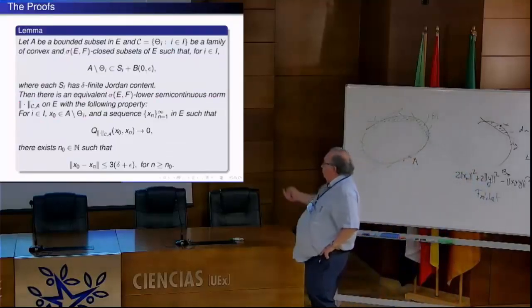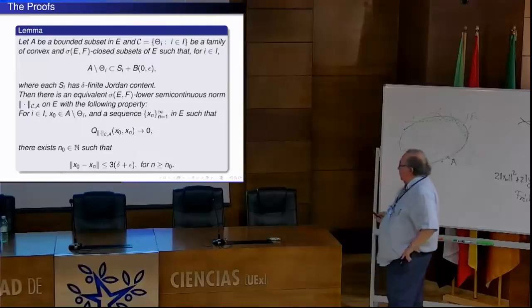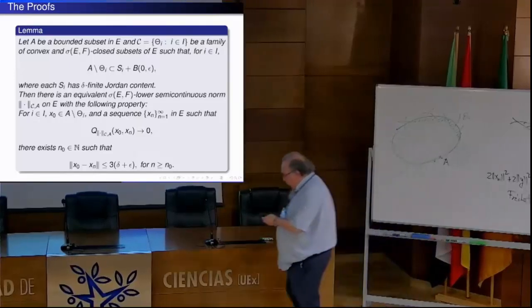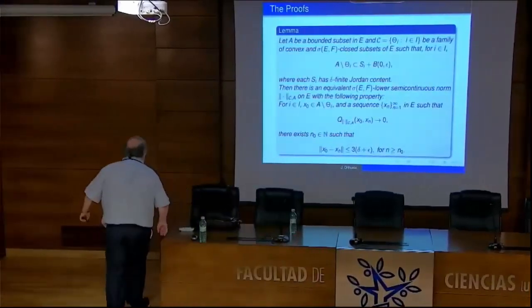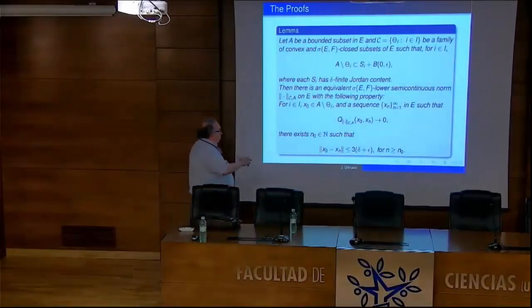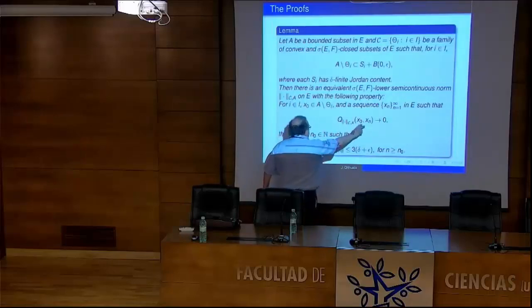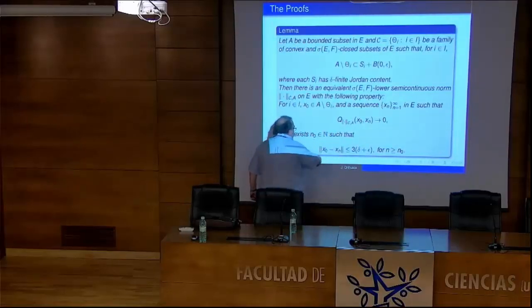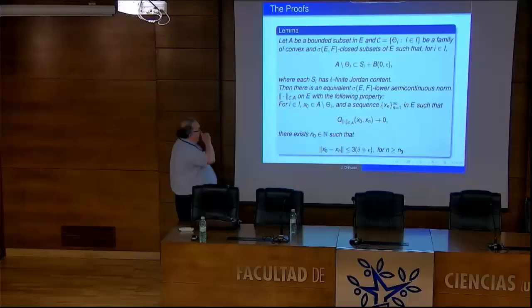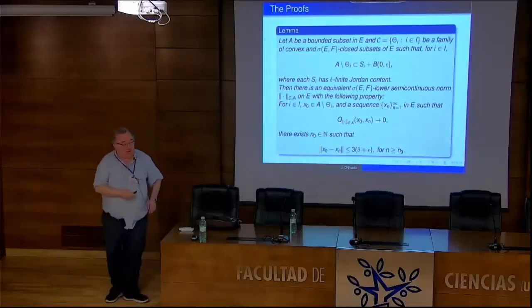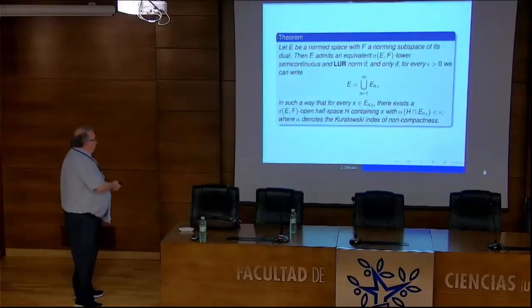The proofs need lemmas like this one, in which you go through the LUR condition, the quadratic form goes to 0, to find approximation of xn and x0 for n big enough. And here is the proof for the case in which the slice is controlled by a finite Jordan content.